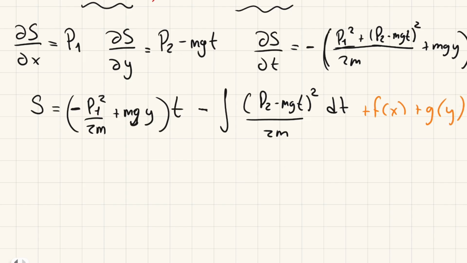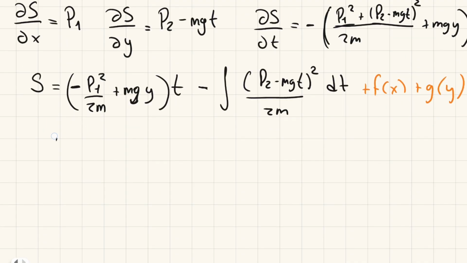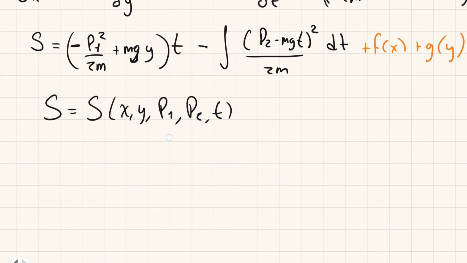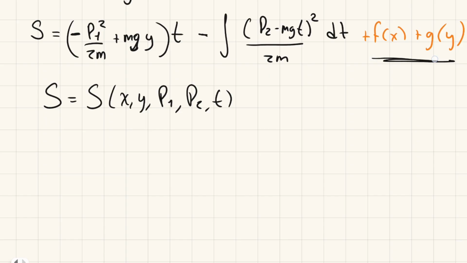Because remember that s is a function of three variables. Actually, the upper piece, the little q's, where those little q's are x and y, and the time. So let me write it. S is a function of x comma y comma p1 comma p2 and the time. That's why I added these two as integration constants, because the integral is with respect to time, right?